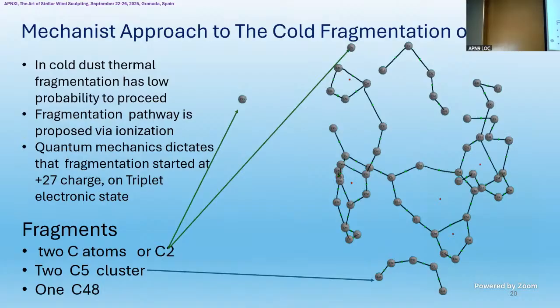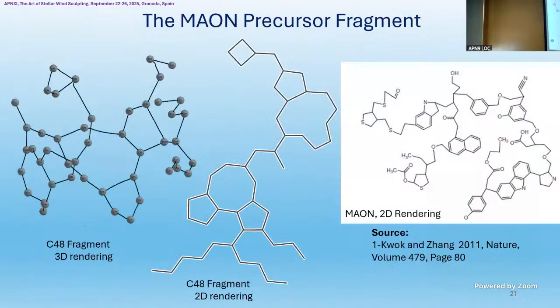So you knock out the electrons from the last ionized form of the fullerene, and you end up with such fragmentation. Fragmentation is C2, then you have two C5, and then you have one jump of the fragments, which is C48. I stop here.